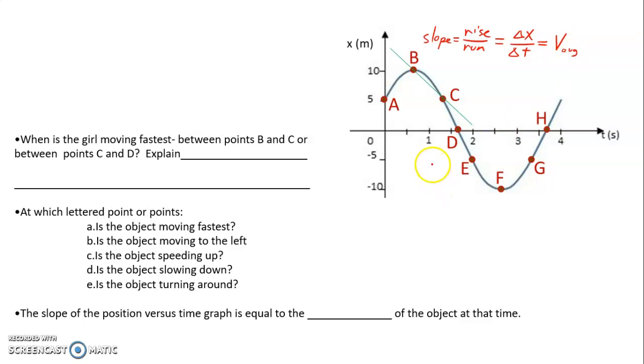Okay. And then we look at the slope between C and D. This line's a little bit harder to see, but you can tell that the line from C to D has a greater magnitude slope.